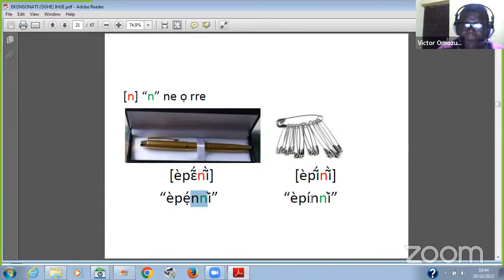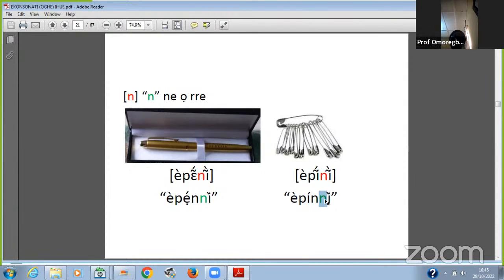So you have the double letter N. The first one belongs to the second syllable, and the second N belongs to the third syllable. It is the second one in green that is actually pronounced phonetically. That is why it is in red there.